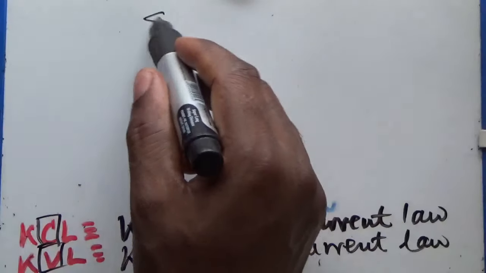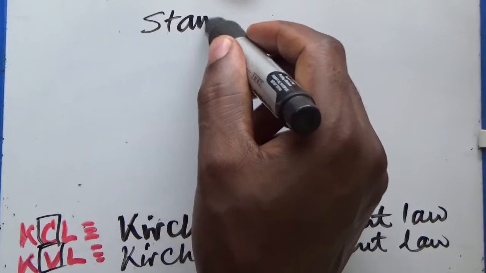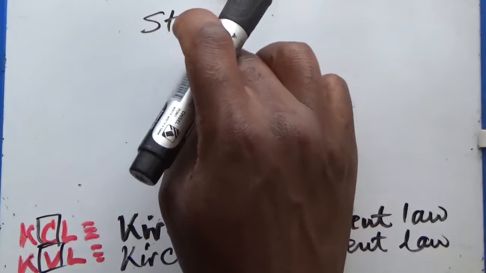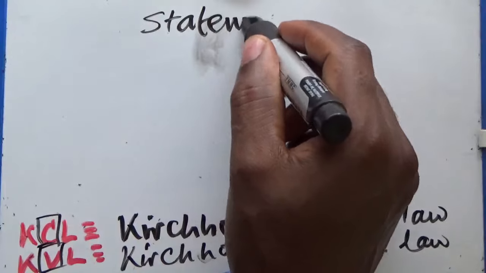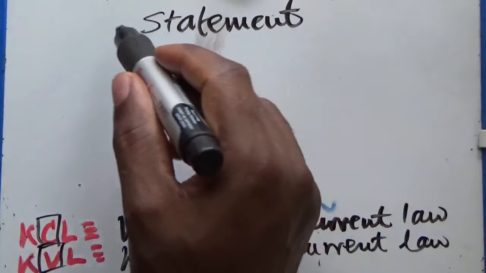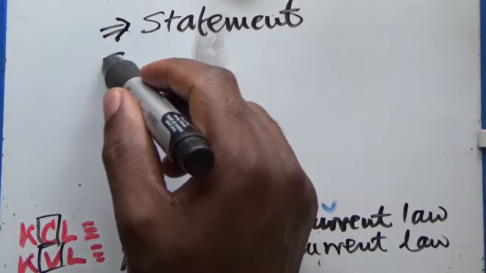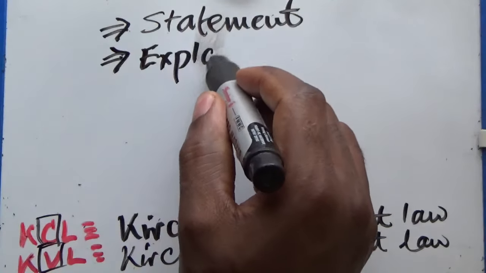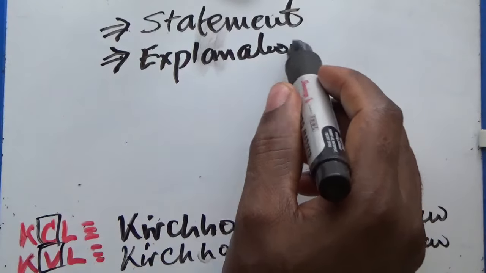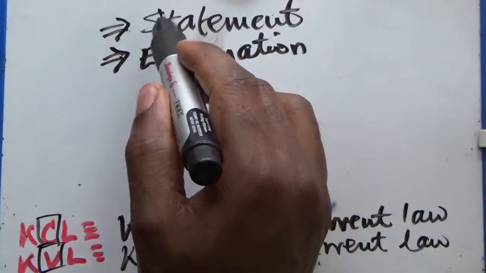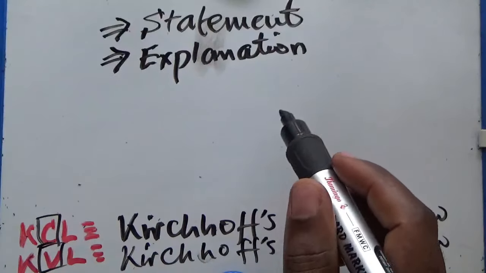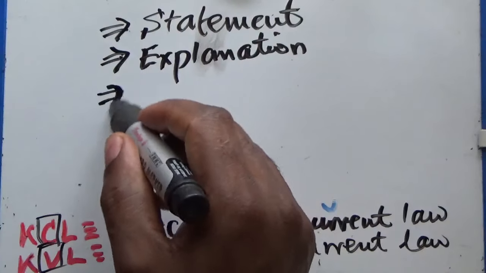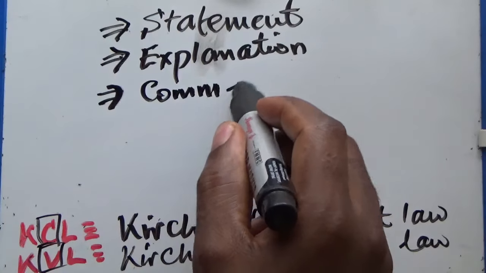We shall have a statement of the law. After having a statement, we shall have an explanation: explain what this law is all about, how it comes about, and then have a small comment.